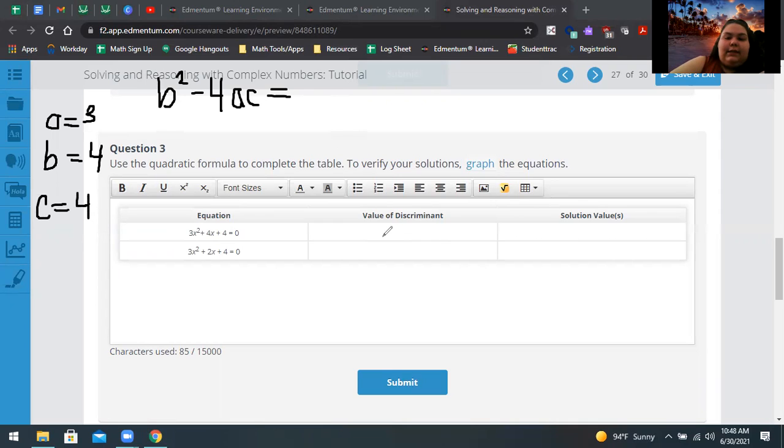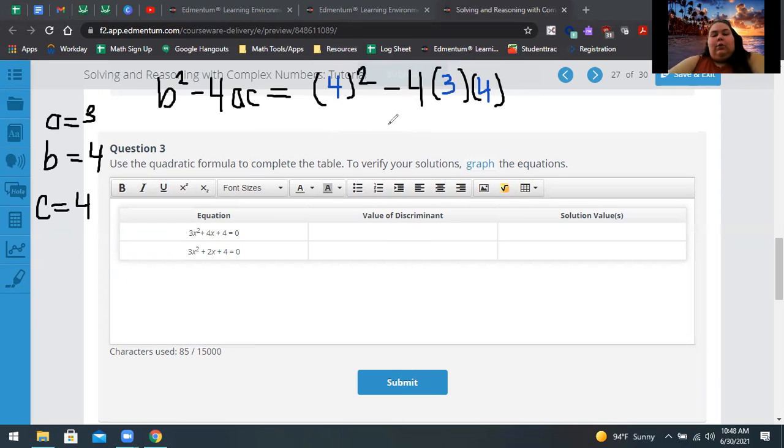So I'm going to plug it in because they want the value of the discriminant. Remember, this goes as b squared minus 4 times A times C. So we enter the B value: B is 4, minus 4, A is 3, C is also 4.